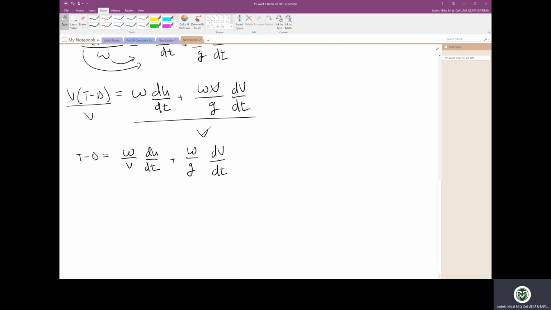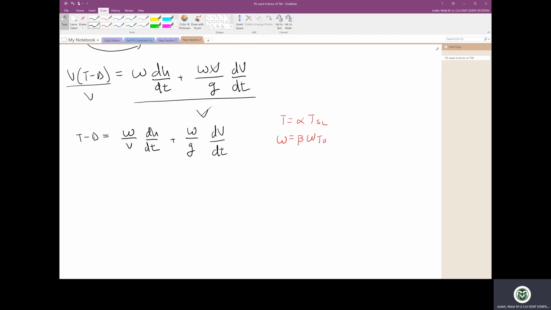So, given the relationship for thrust is equal to alpha times thrust at sea level, my lapse rate, and weight is equal to beta times weight at takeoff, my weight fraction, this yields this equation.